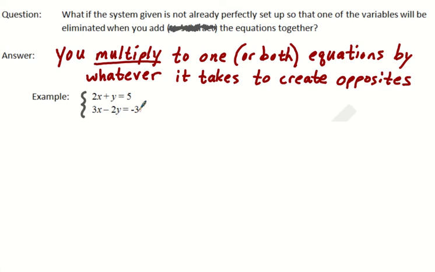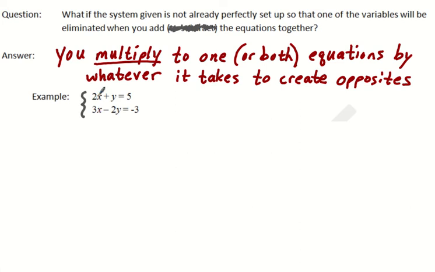Okay? So now it's a matter of your choice, because you're going to be multiplying the equation or the equations by whatever it takes. It's like an open-ended type thing. So if you look at this equation, could I multiply this equation by something that would make the 2x into a negative 3x?